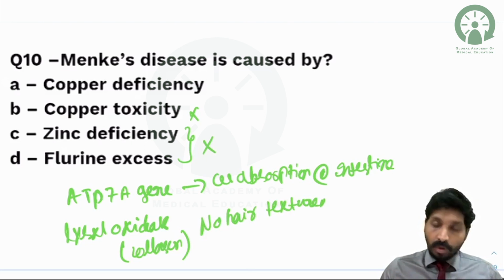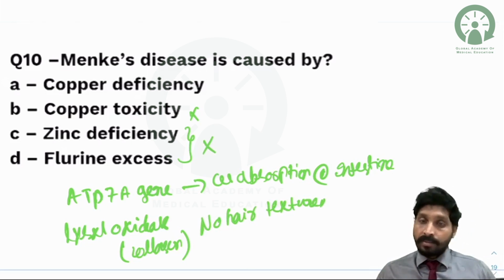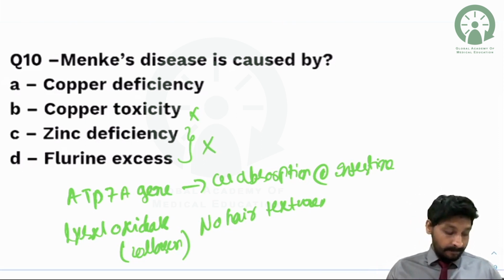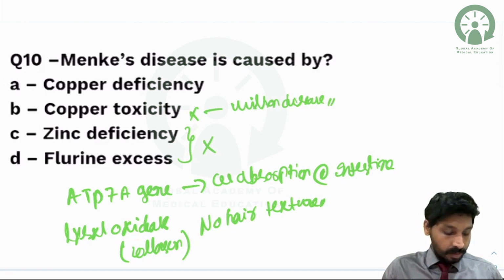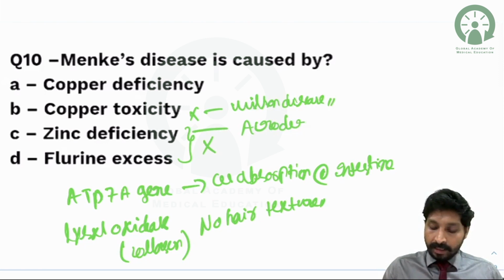And repeated bone fractures, as there is no collagen in the bone maturation. So copper toxicity is Wilson's disease. And zinc deficiency is acrodermatitis enteropathica.